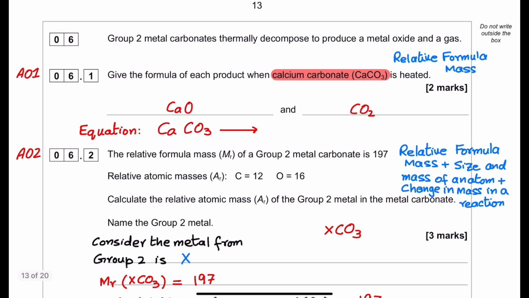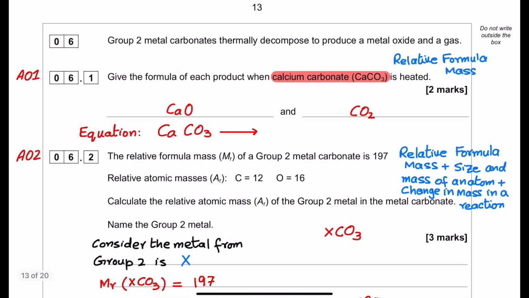Now what we can do, we will use the information and we are going to use the relative formula mass of all the given substances, like here carbon and oxygen. We will split up this compound in the form of X and carbonate CO3.